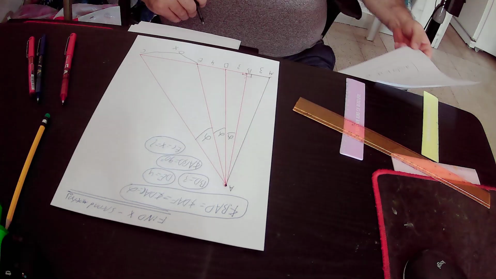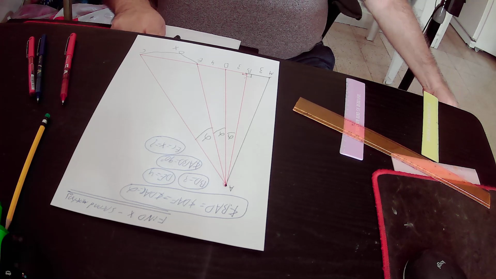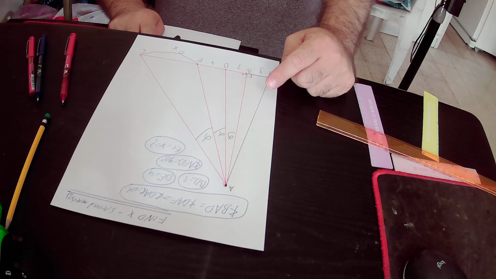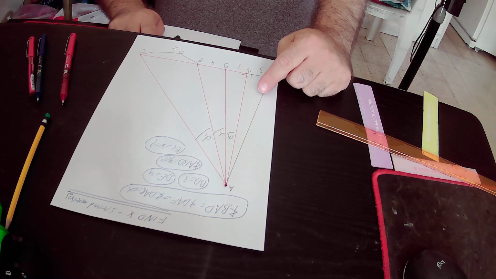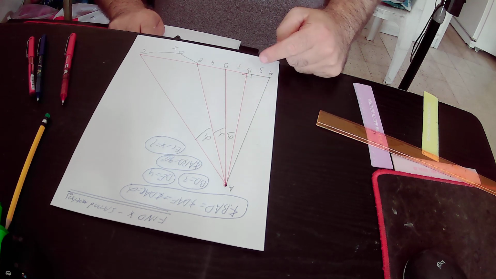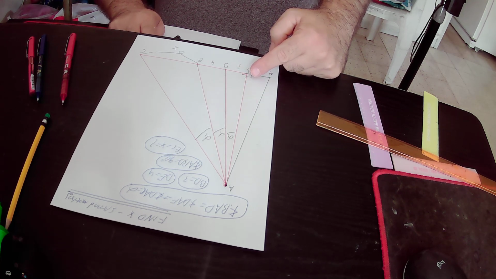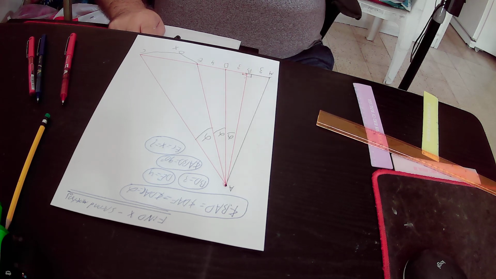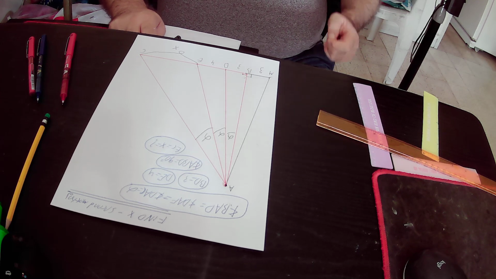And we proved that in the right triangle AMB, sides AB and MB and the angle between them are equal to AB and BD and the angle between them in the right triangle ABD.